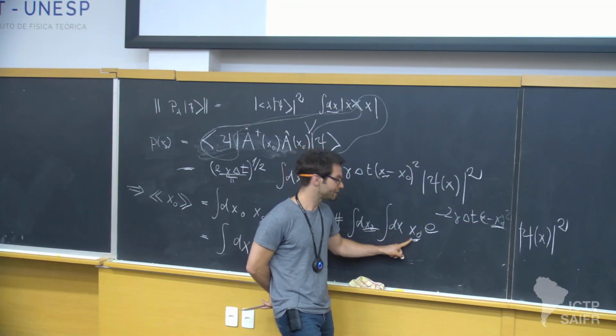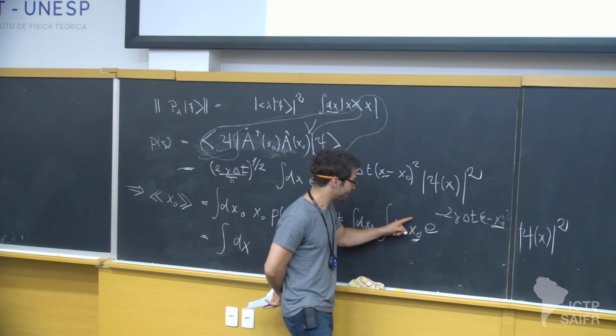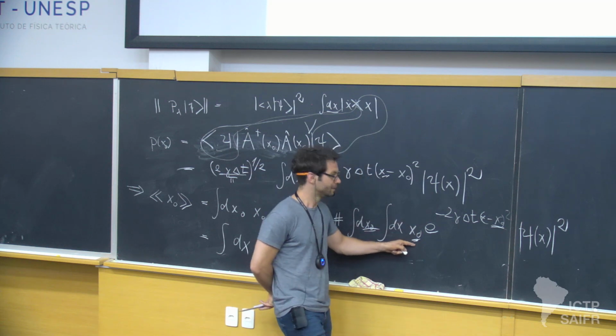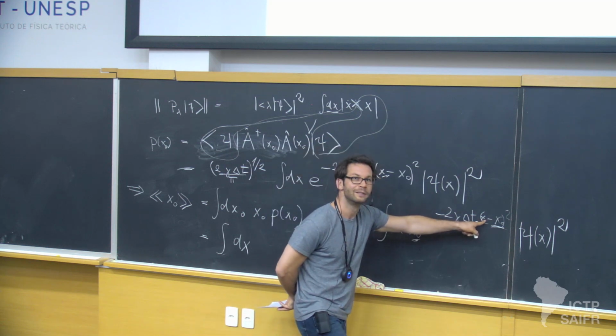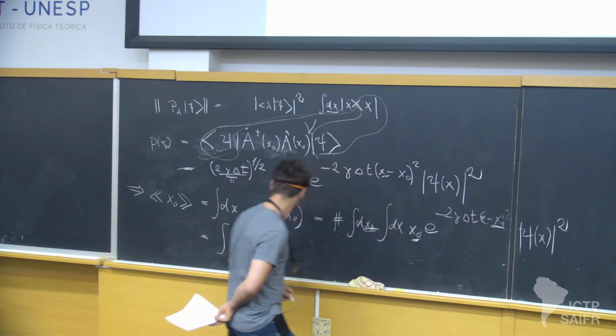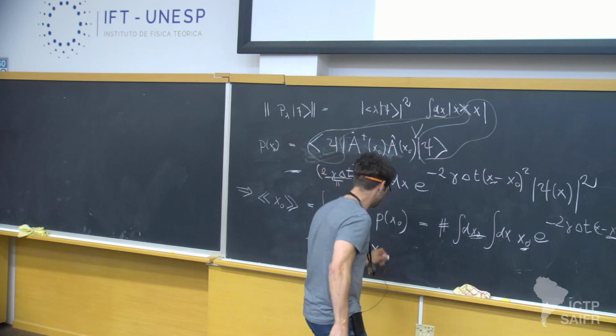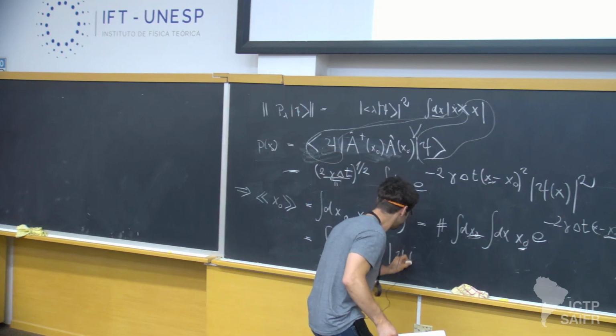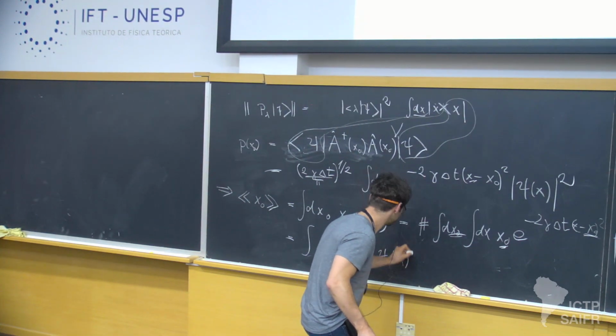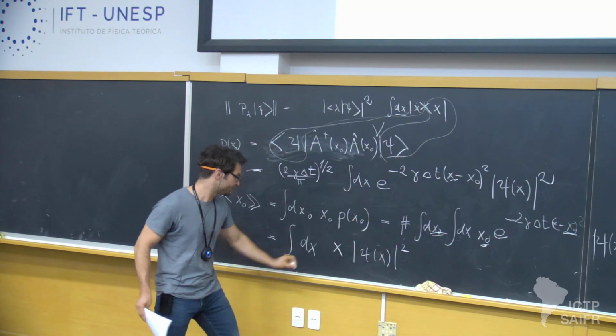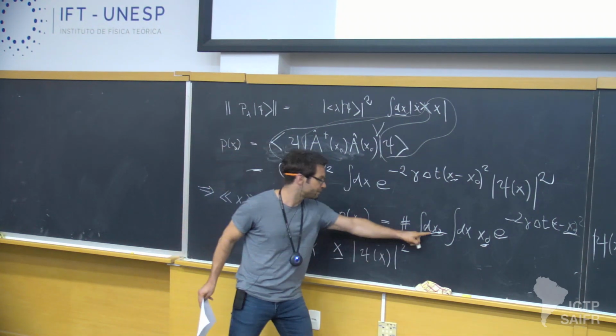So what's the expectation of x naught with respect to this variable x here? Well, it's just x, and then I copy psi of x absolute value squared. This came from the Gaussian integration over x naught.